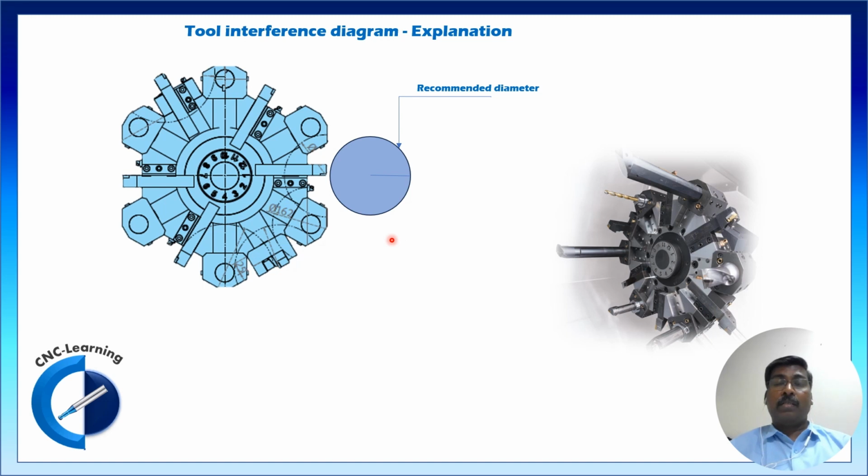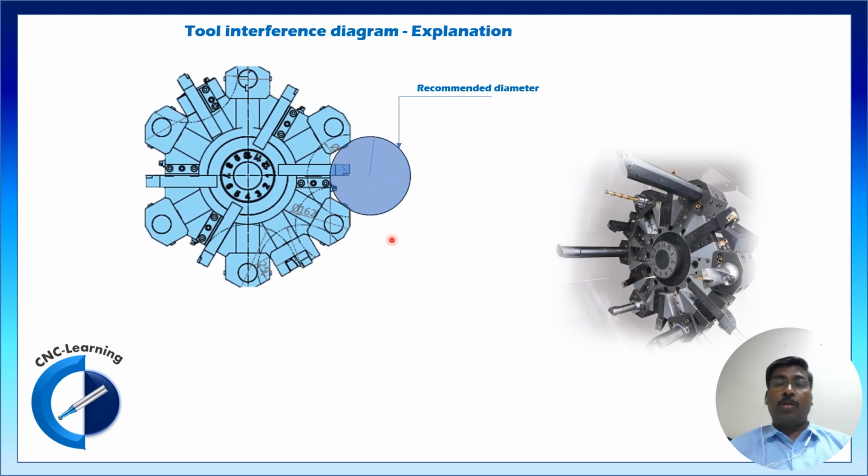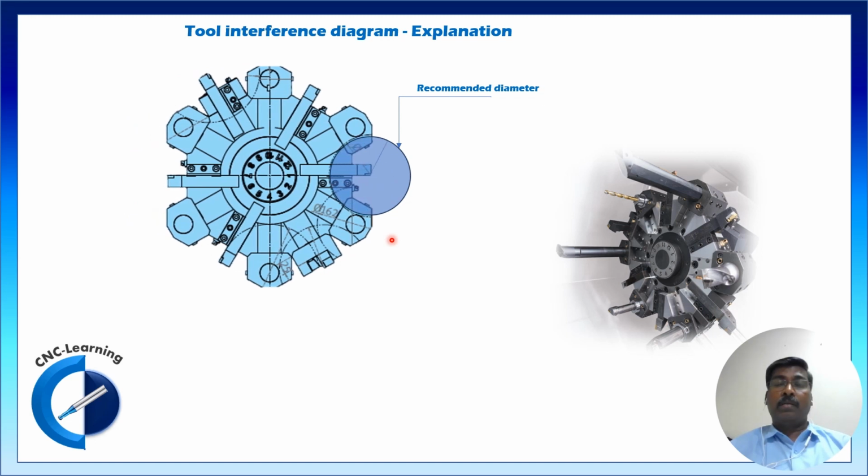You can see the movement of this. The chuck is rotating and the tool is coming inside. You can see now this part diameter is touching the adjacent tools. In a 3D view, it will look like this. You can see this diameter is touching this tool and this tool.